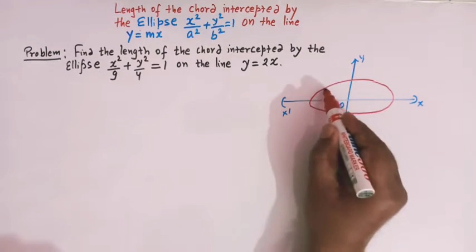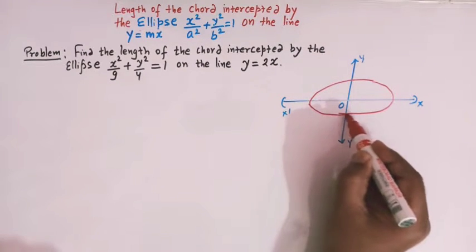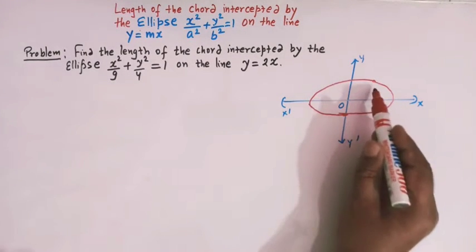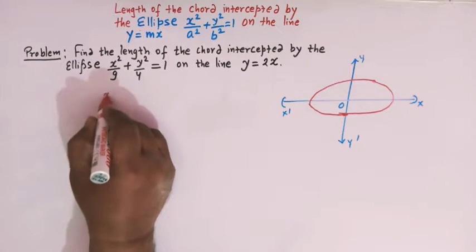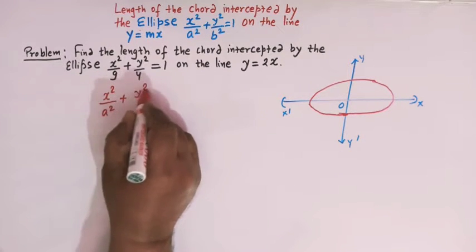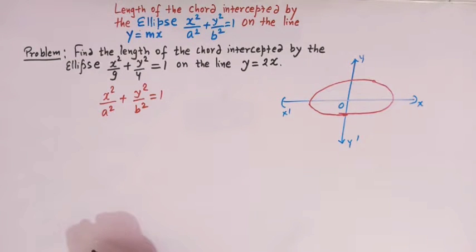So this is the ellipse whose equation is x²/a² + y²/b² = 1, right?